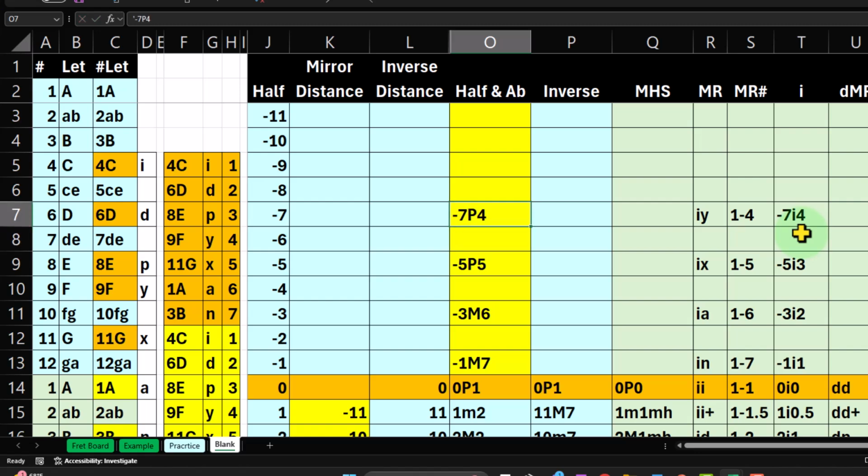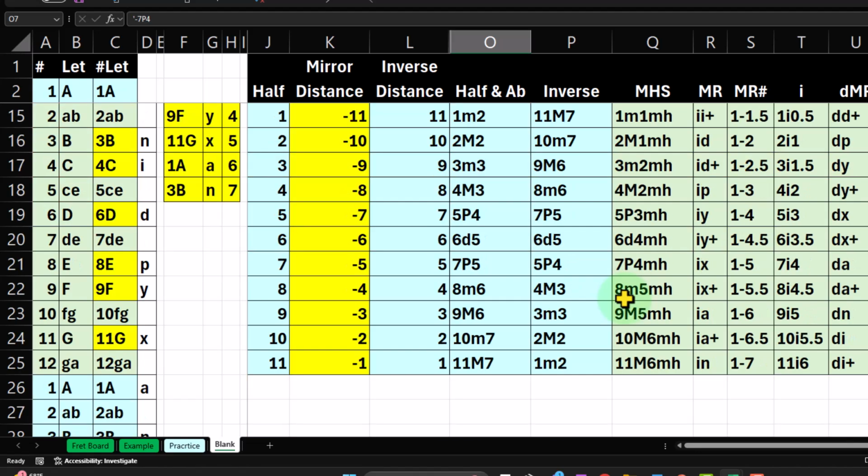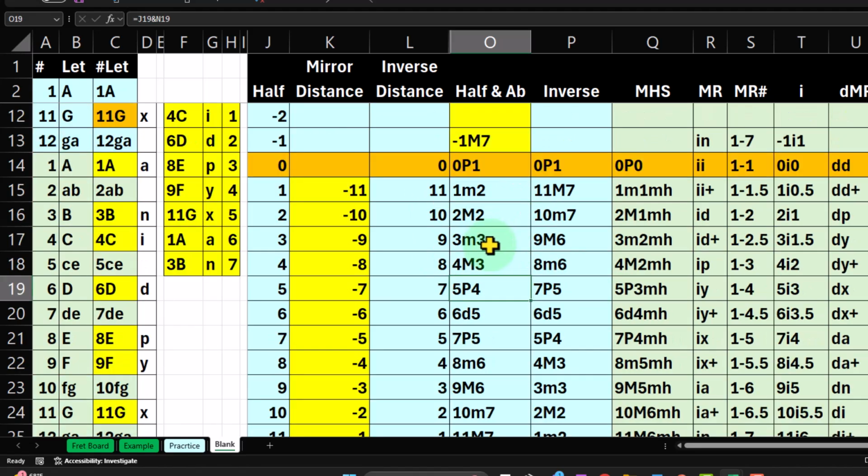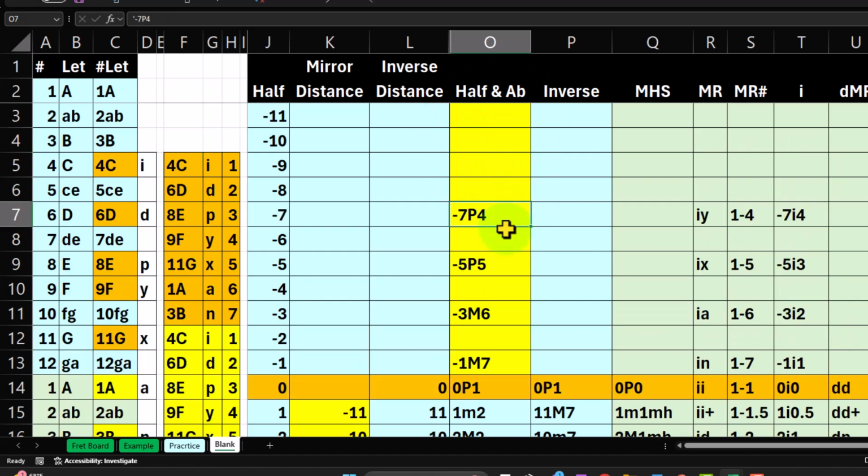So when I say perfect 4th, then I could be saying that I'm going 5 forward for the perfect 4th, but you can also think of it distance-wise, that you can go negative 7 counterclockwise. All right, next one.